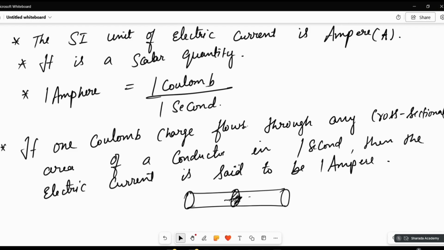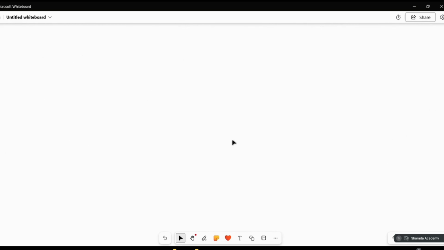So coulomb is a bigger unit, and since coulomb is a bigger unit, ampere is also a bigger unit. So we also have smaller units like microampere, milliampere, picoampere. We use smaller units of current also.